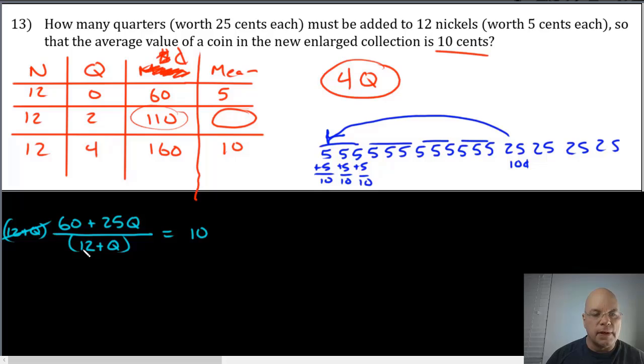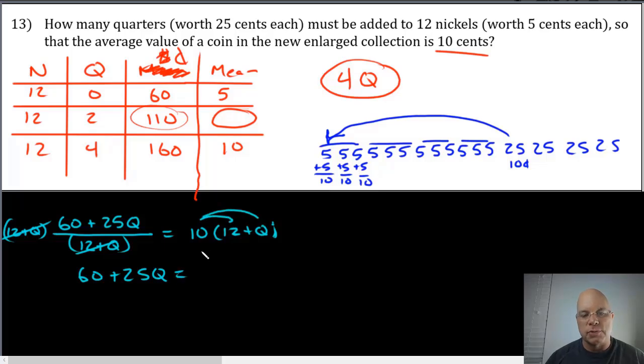That would cancel this out. That's the multiplicative inverse. And you get this, you're applying the property of equality by doing the same thing to both sides. You have 60 plus 25q equals, I'm going to distribute this 10 to both terms. 10 times 12 is 120 plus 10q.